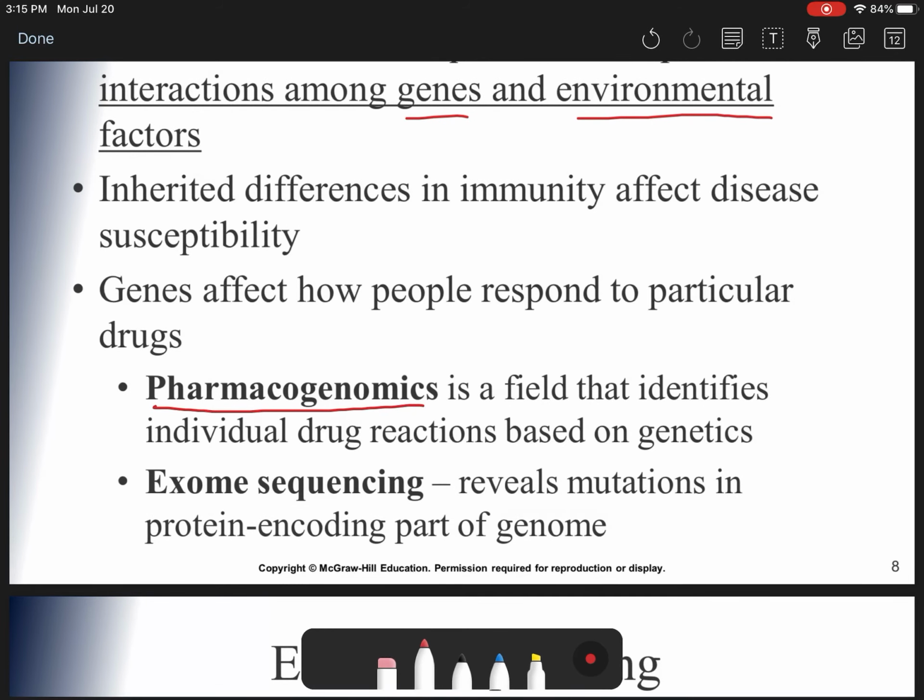Pharmacogenomics, this term right here, is a field that identifies individual drug reactions based on genetics. Stanford has a whole area within their research called Imagenetics, where they're trying to do a kind of DNA fingerprint on you to see how you might respond to different drugs.